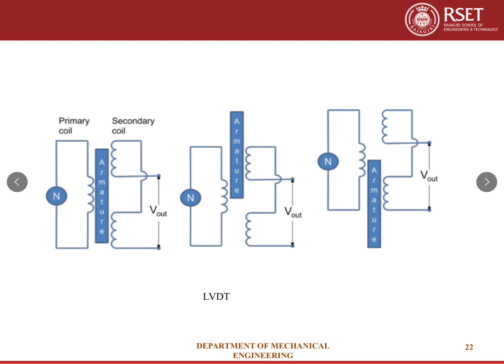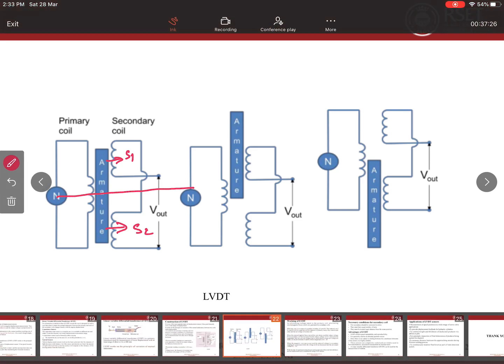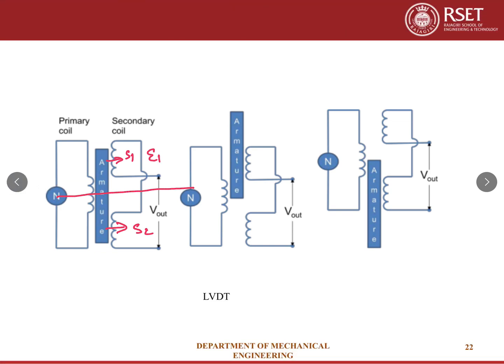That's the construction. Now the working. We have the primary, where supply is given, and two secondaries. In the normal position, the armature or core is placed exactly at the center. So the core has equal influence on S1 and S2. When we give a supply voltage, EMF will be generated in S1 as well as S2, that is E1 and E2.